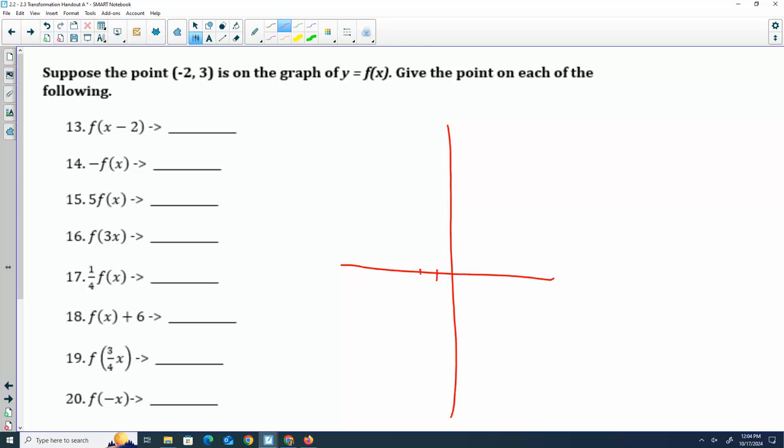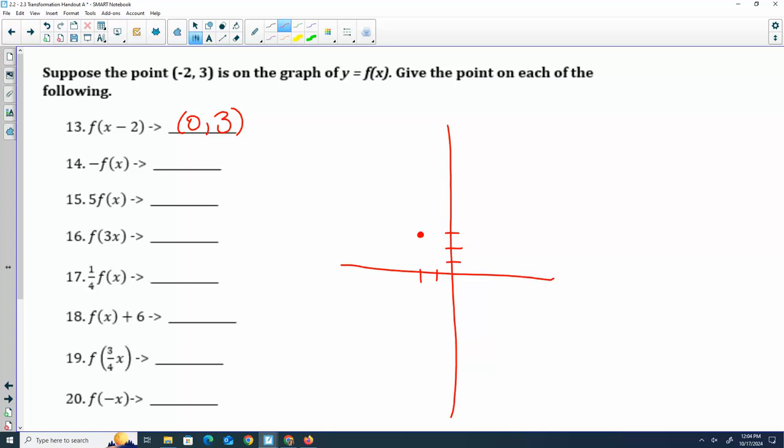My point is -2, 3. Okay, if I say x minus 2, what's that doing to my graph? It would go right 2. If you move this point right 2, where does it go? 0, 3.